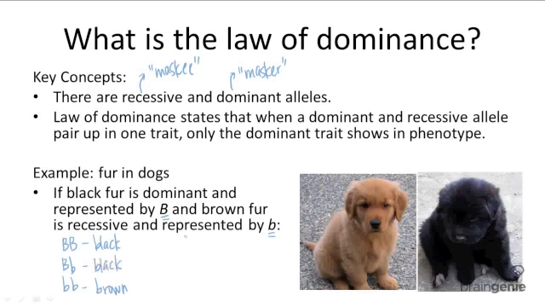So notice how both big B, big B and big B, little b code for the same phenotype. They both code for black fur. So if you are to come across an individual showing the dominant trait, such as a black furred dog, you do not know their genotype, because there are two possibilities.